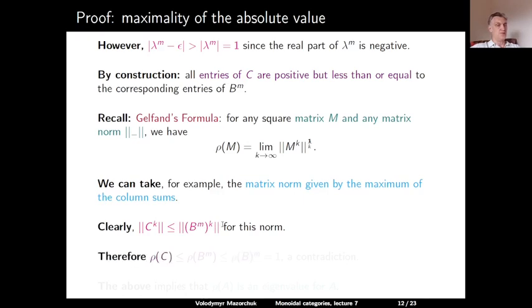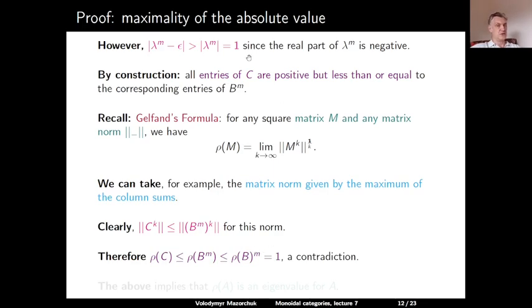So therefore, using Gelfand's formula, we deduce that the spectral radius of C is bounded by the spectral radius of B to the power m. This in turn is bounded by the spectral radius of B to the power n, which is equal to 1.